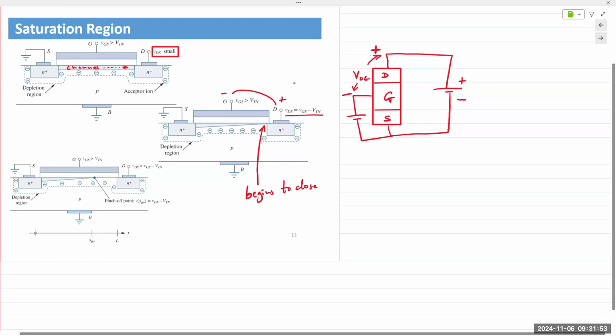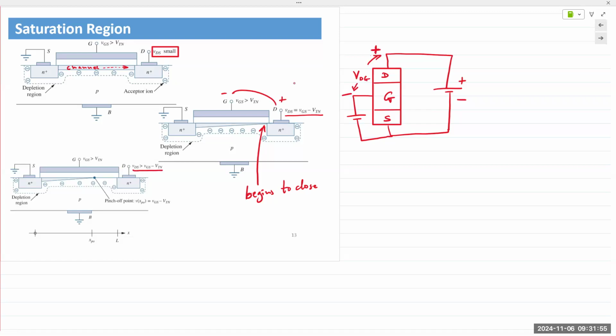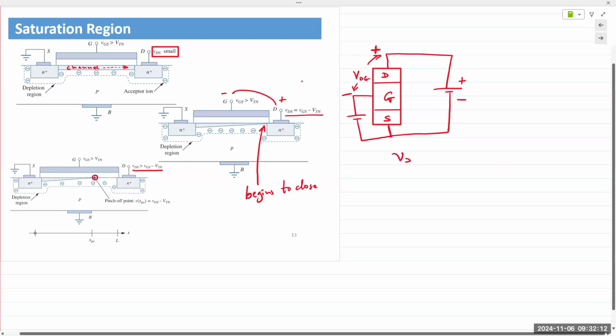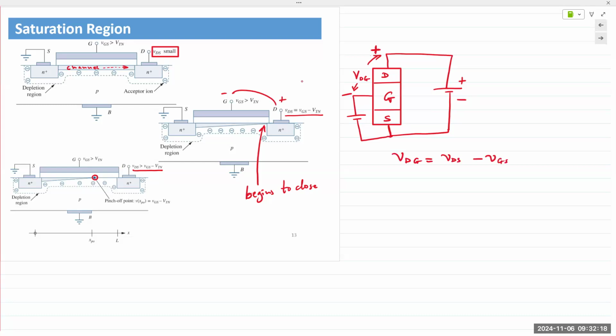And at one point, when VDS is far greater than VGS minus VTN, it is completely pinched off. Right there, completely pinched off. VDG is VDS minus VGS.